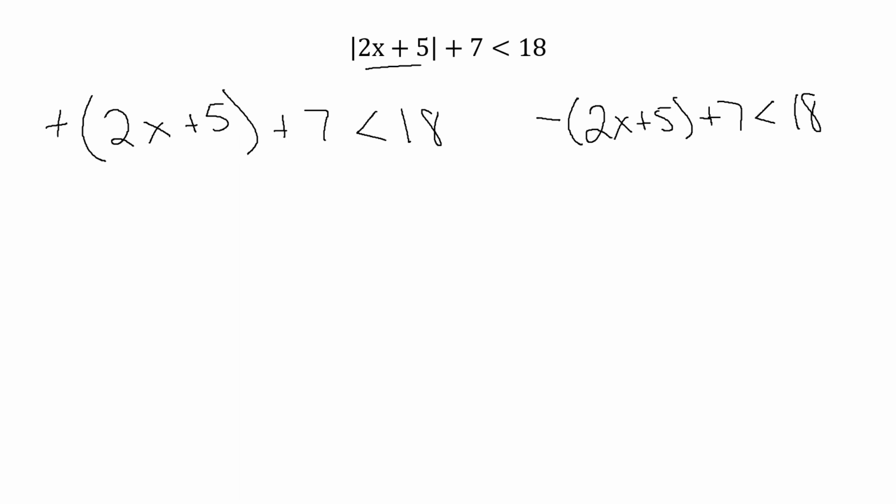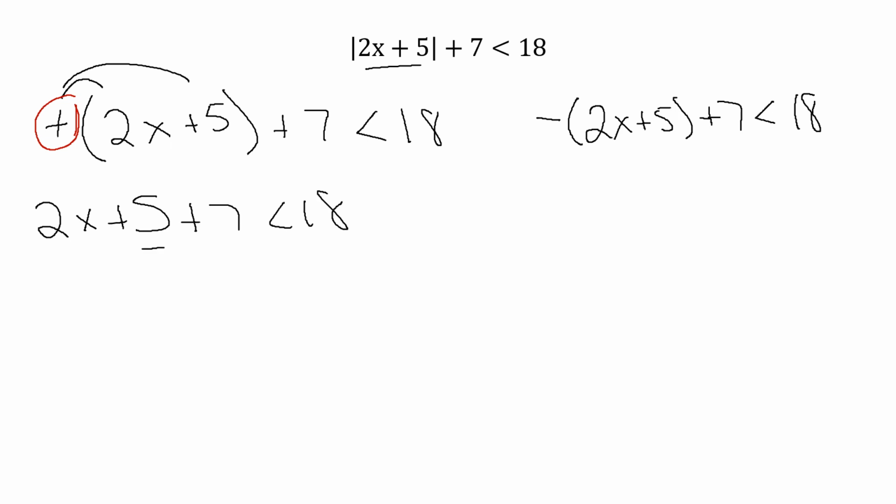When I distribute a plus, understood 1, remember, don't forget there's an understood 1 there. When I distribute a plus 1 in, it changes nothing. So basically, those parentheses can just go away. Now I'm going to add any like terms, and here I have 5 plus 7. So 2x plus 12 is less than 18. Oh, I dropped my x.